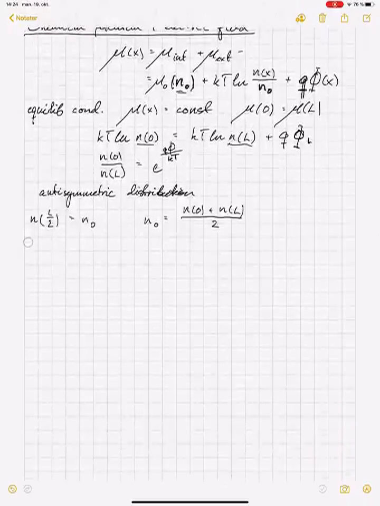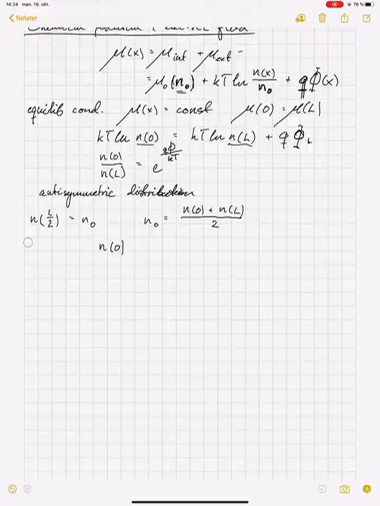So we can then rewrite this condition as n of 0 equals 2 times n0 minus n of L, so we multiply by 2 on both sides here.